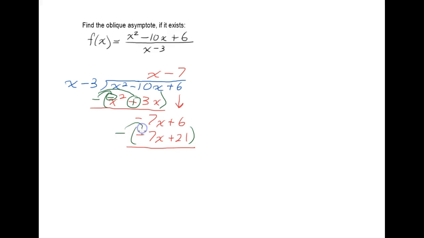And when you distribute that, that changes that to plus, changes that to minus. I just circle it as a reminder to me that I've distributed that negative sign. Negative 7x and positive 7x is 0. 6 and negative 21 is negative 15. So that's a remainder. So you could say minus 15 over x minus 3.